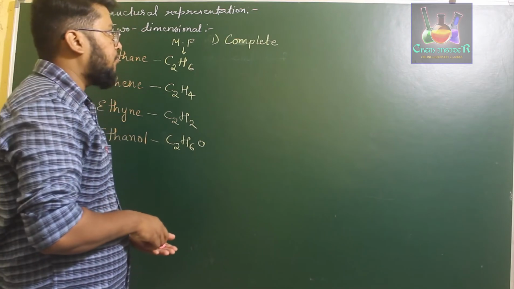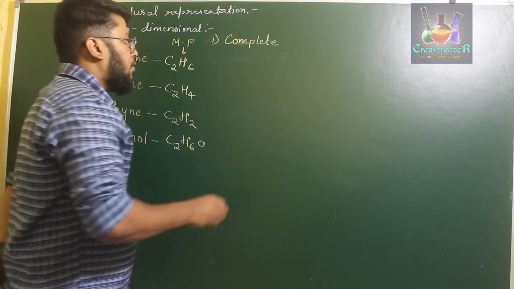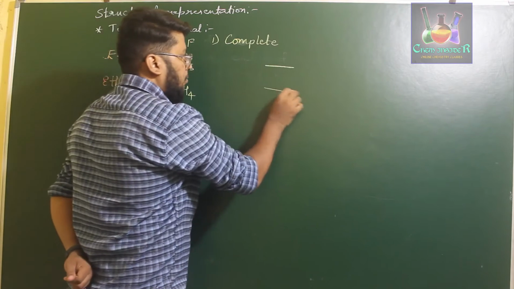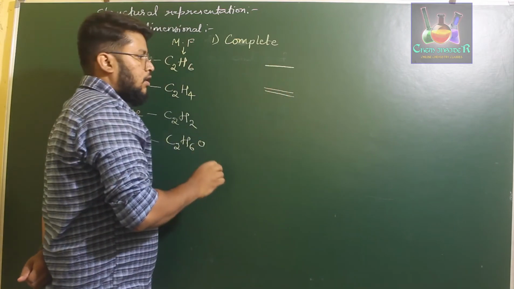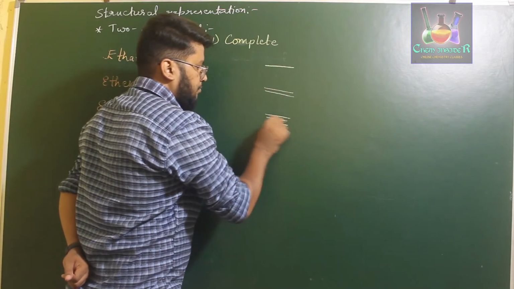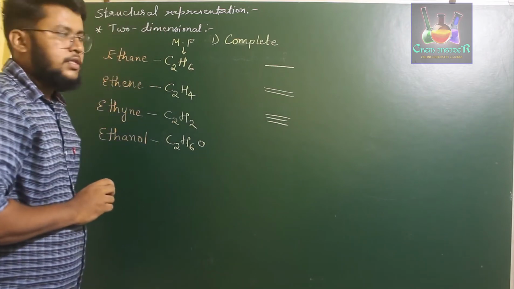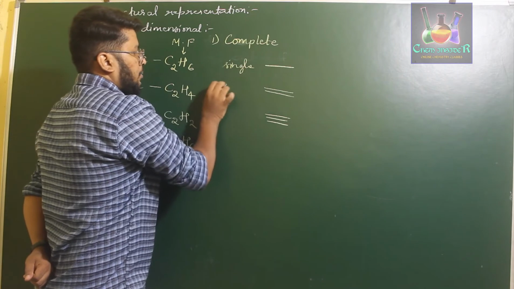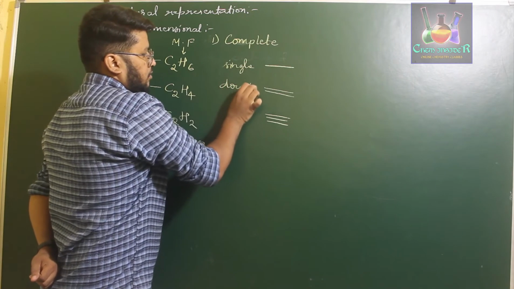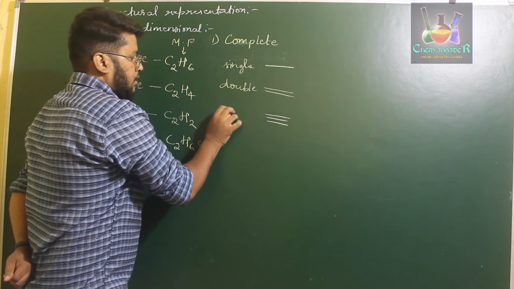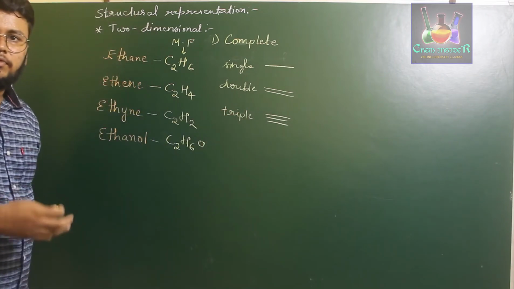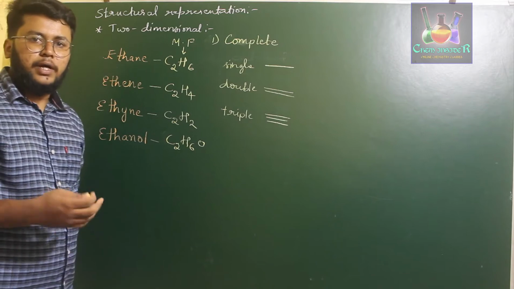So in the complete form of representation, you indicate a single bond by a single line, a double bond by a double line or double dash, and a triple bond by a triple dash, which arises if there is a double or triple bond present between two atoms.